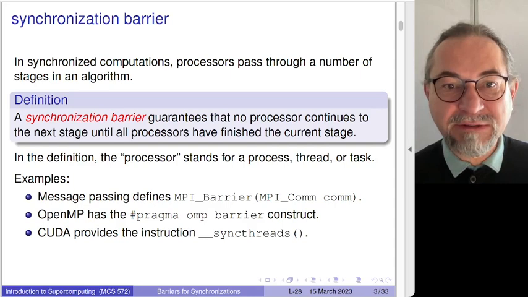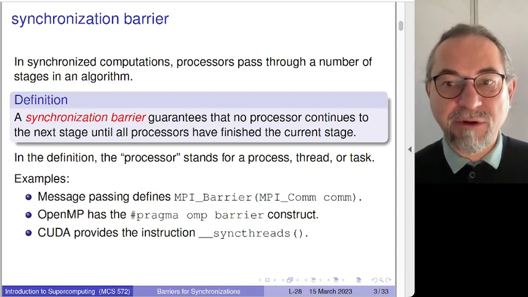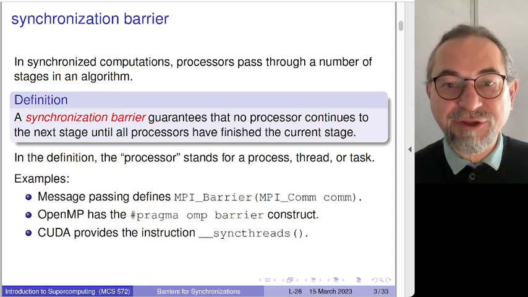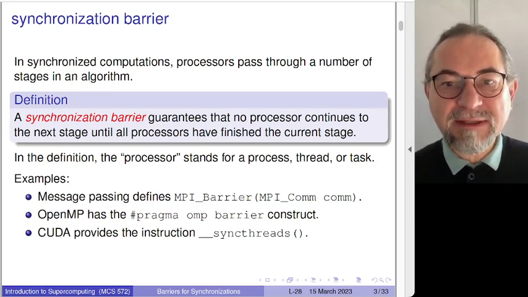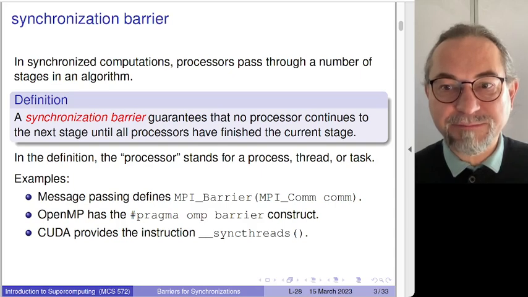So in a synchronized computation, the processors have to go through a number of stages, number of steps, and they have to wait for everybody else for this step to be completed. So a synchronization barrier will guarantee that no processor continues to the next stage until all processors have finished the current stage.